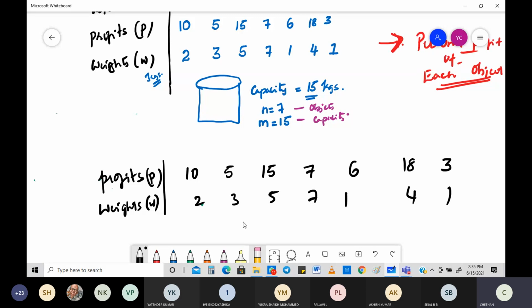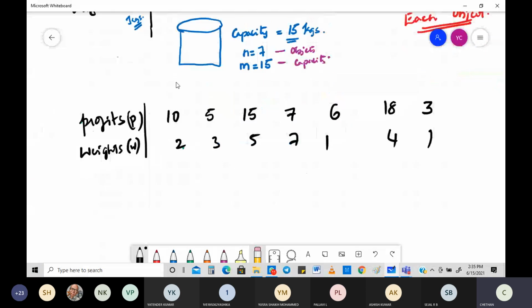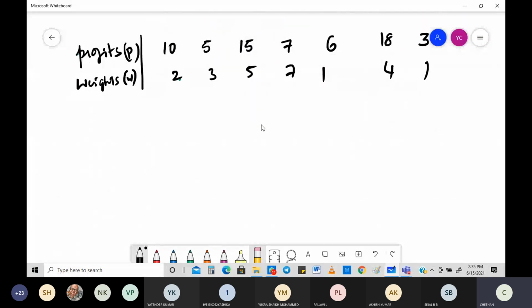Now, what is the thing I'll try to figure out? Very important, please understand this step. I'm going to figure out what is known as profit by weight of each individual item.